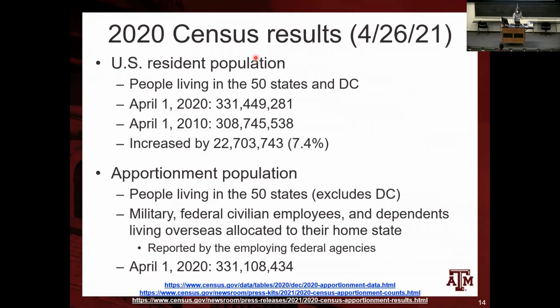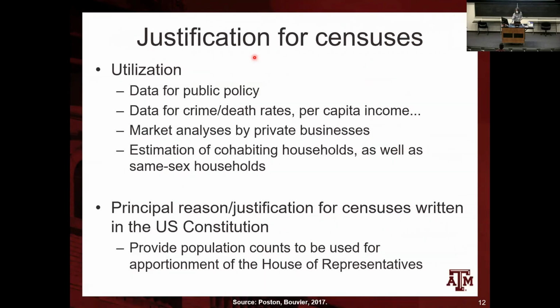But the problem is that the American Constitution does not say anything about having to count only the people who are citizens in the apportionment process. The US Constitution just says, let's count the population overall.